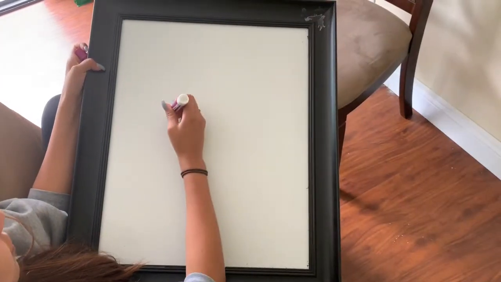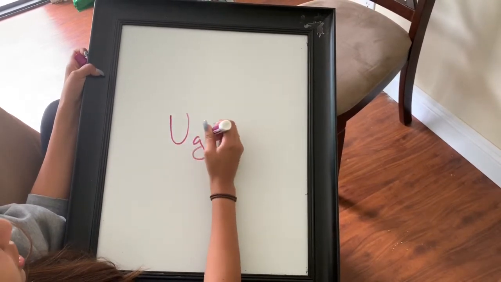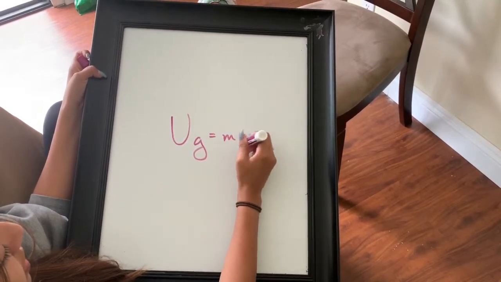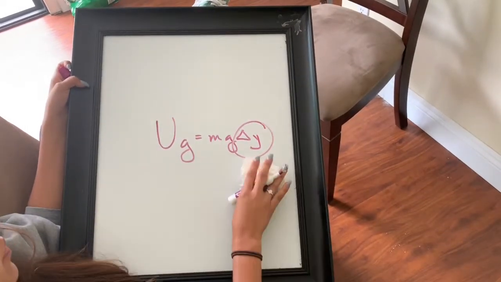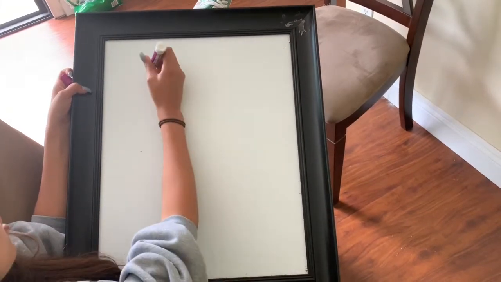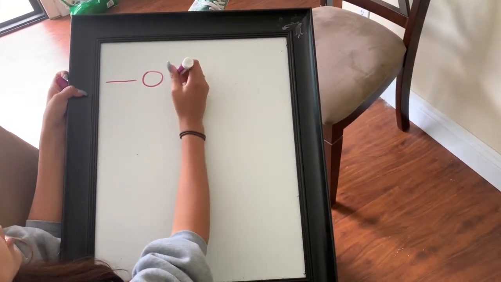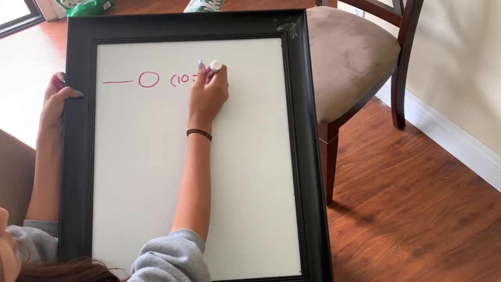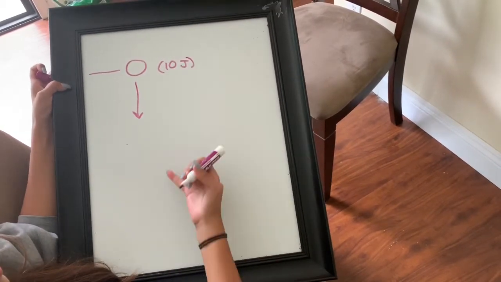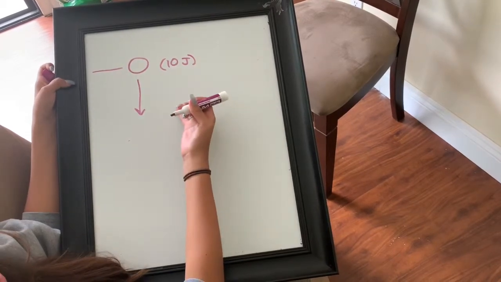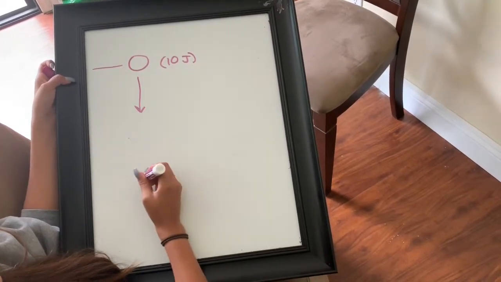So the equation for potential energy is U_G equals m g delta y, with delta y being the height of an object. Remember that. So if you imagine you have your rubber ball at an initial height here, let's say that it has 10 joules. It's then dropped, and as it's falling, that energy is converted from gravitational potential energy into kinetic energy.